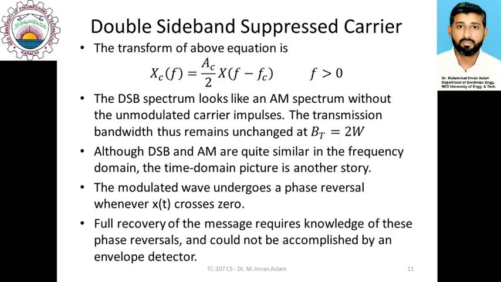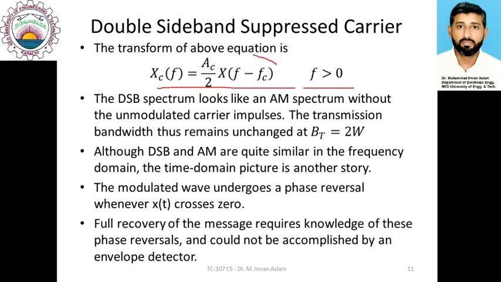If we look at the frequency domain representation of the same DSB signal, it appears like this. Again, I have given the expression for positive frequency only, ignoring the negative frequency, with the consideration that negative frequency is the exact replica of what we see at the positive frequency.